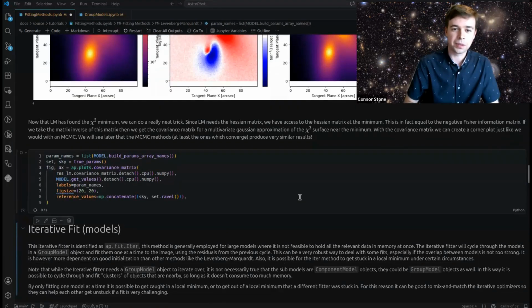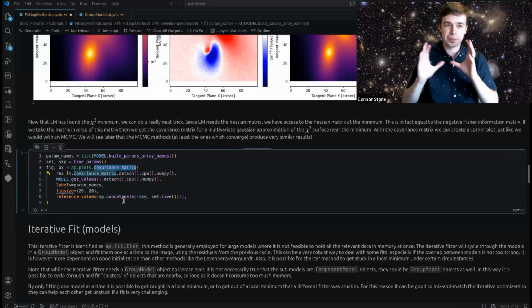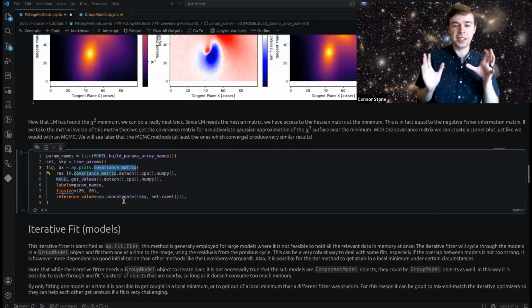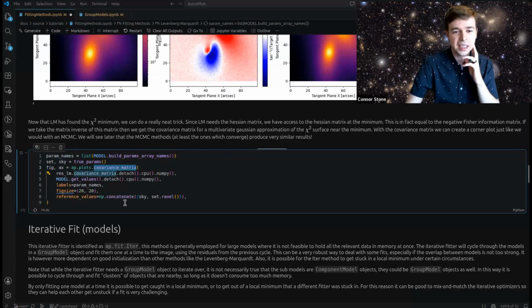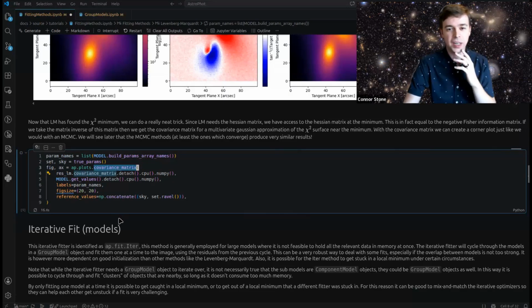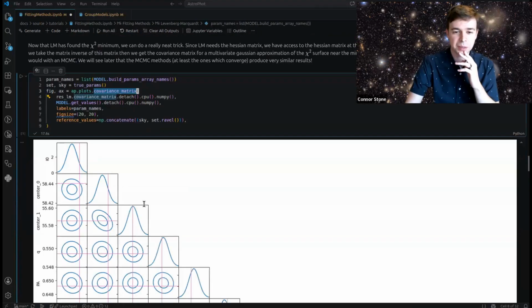Because the Levenberg-Marquardt fitter gives us a full covariance matrix for all the parameters, we can plot a corner plot that comes from taking that covariance matrix and converting it into ellipses in a big triangle. So there we go.